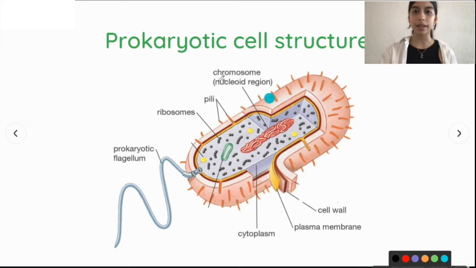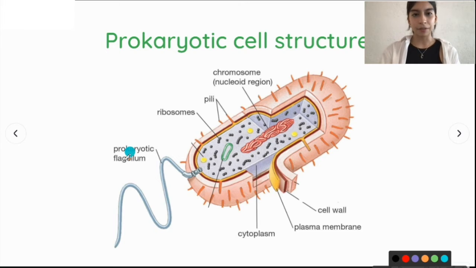In this next slide, we're going to see more clearly what I'm talking about. As I already said, the chromosomes are right here within the cell. The pili are outside, the hair-like structures that help with movement. The ribosomes are these blue things that are all around the cell.